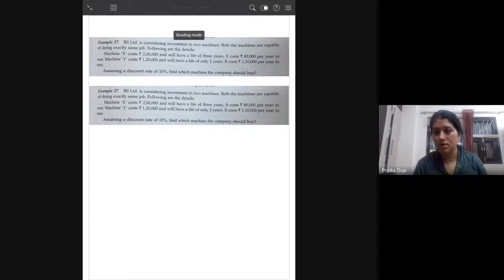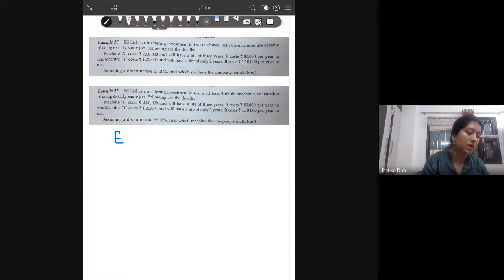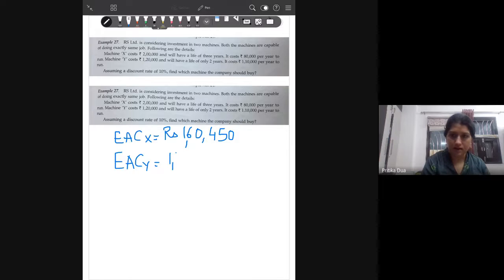So yes, for project X, the equivalent annual cost of X comes to rupees 1,60,450 approximately. Minor difference in your answers, and the equivalent annual cost of Y comes out to be 1,77,324.